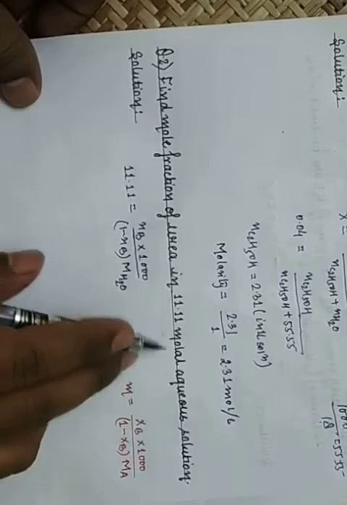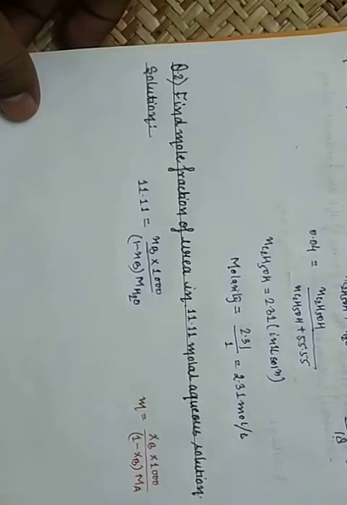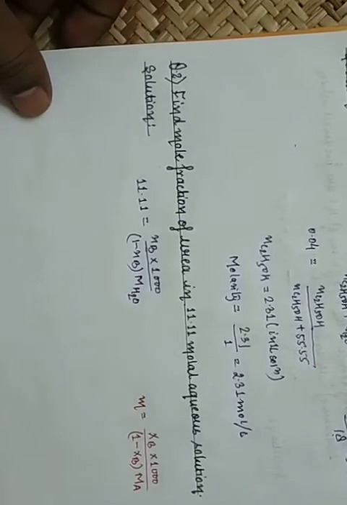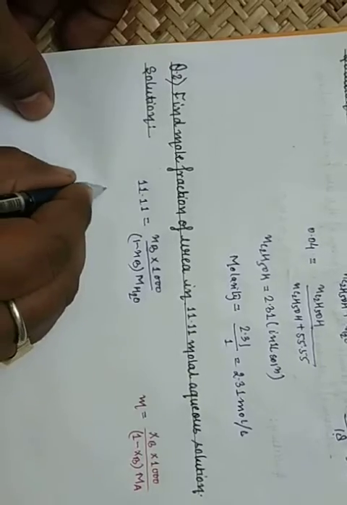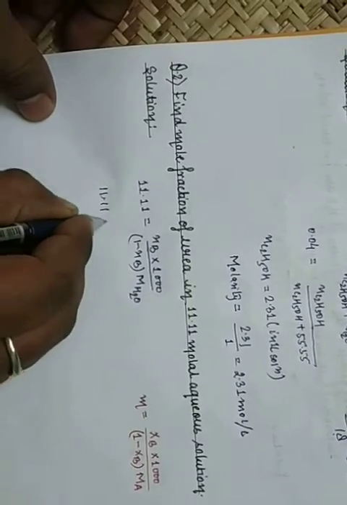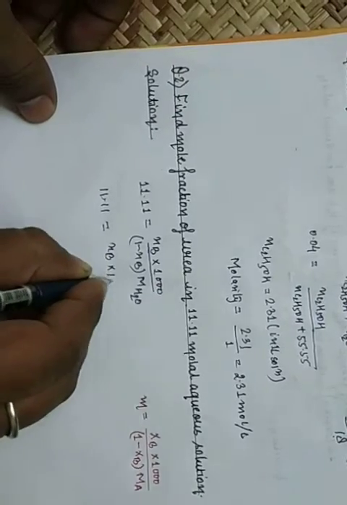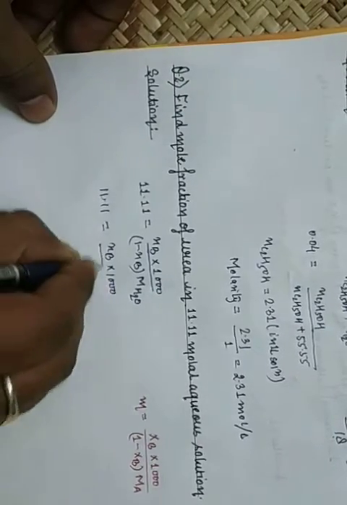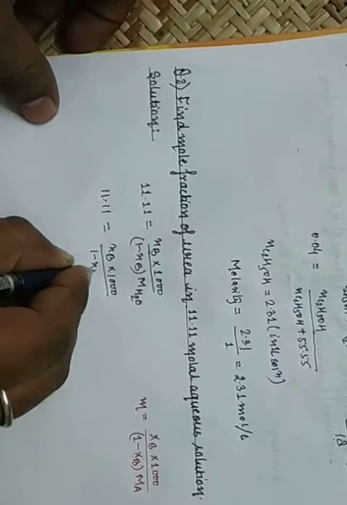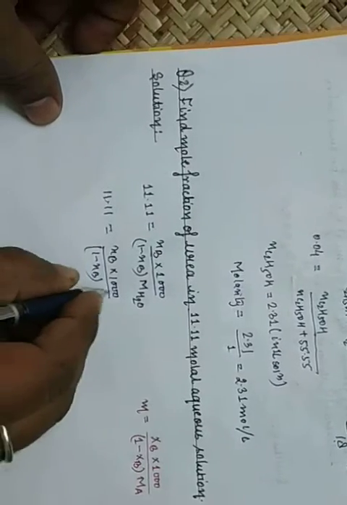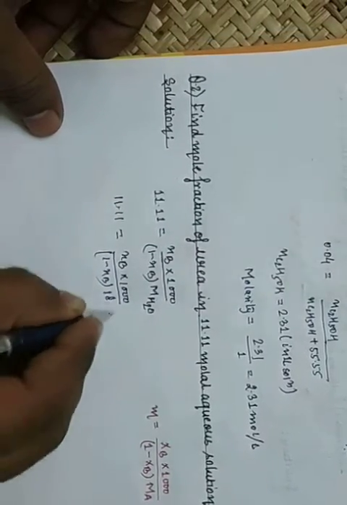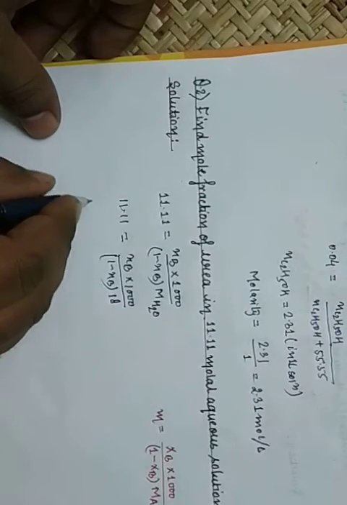Urea is a solute, and this is an aqueous solution, which means water is also there. So just write down the value: 11.11 equals XB into 1000 divided by (1 minus XB) into the molar mass of water, which is 18. So just cross multiply.